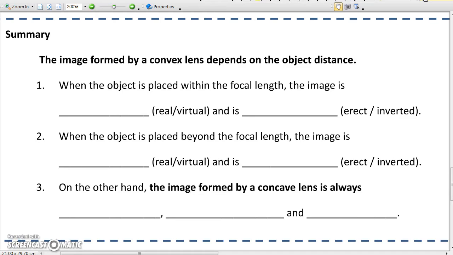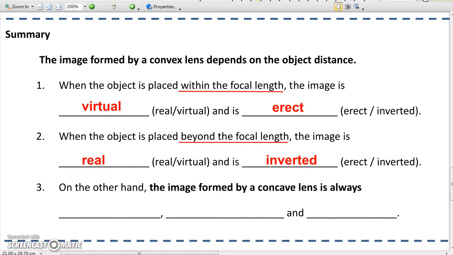And for the summary of the experiments, for convex lens, when the object is placed close to the lens within focal length, the image must be virtual and erect. If the object is further away, beyond the focal length, then the image must be real and inverted.